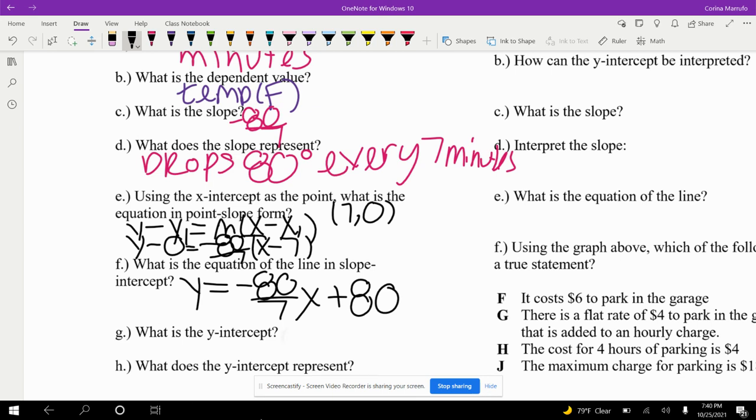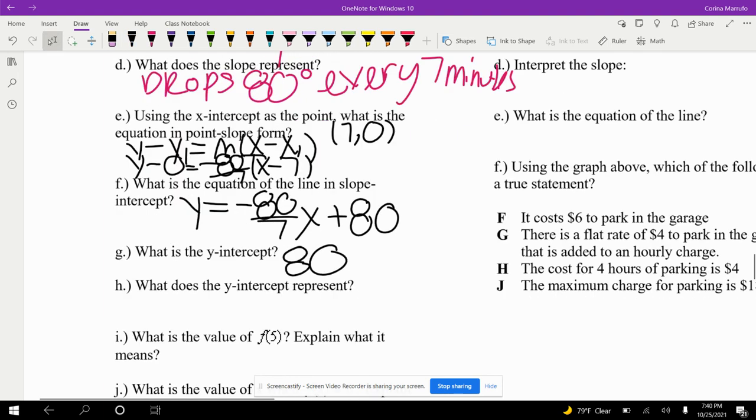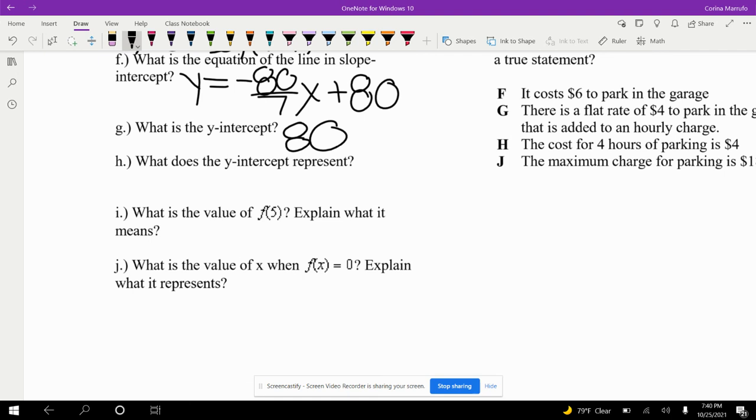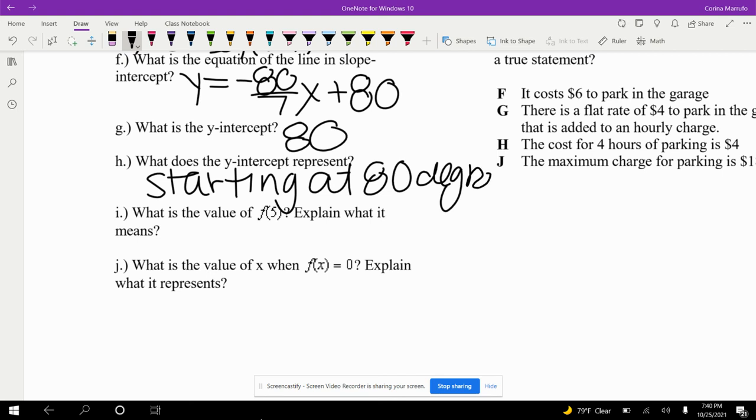It says, what is the y-intercept? The y-intercept is 80. It's a starting temperature. Remember, your y-intercept is always a starting value. So starting at 80 degrees, because remember, our y value is degrees.